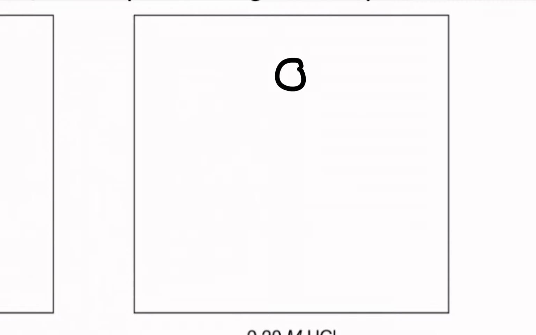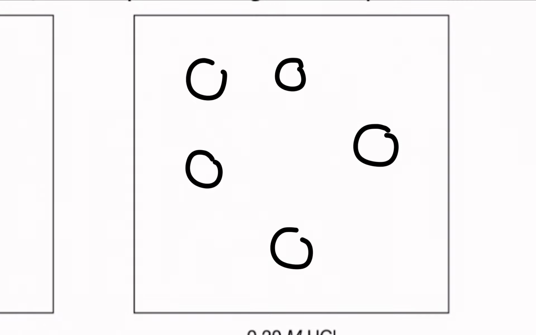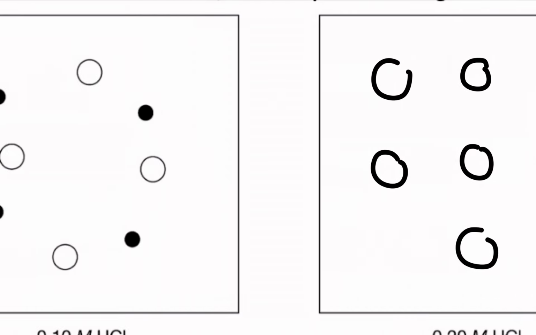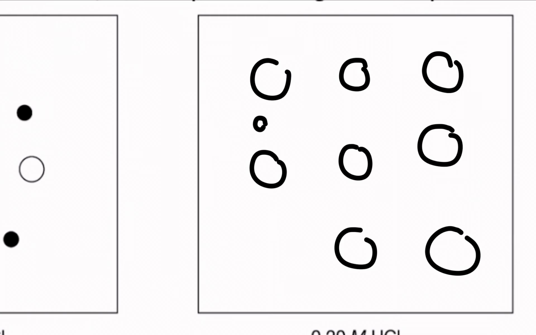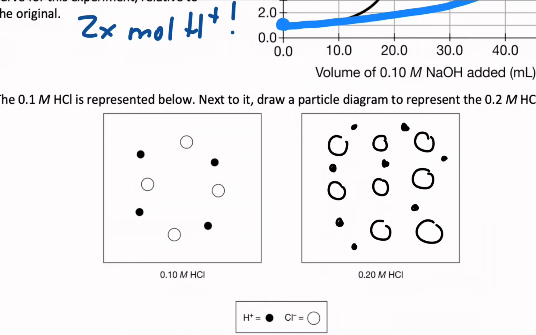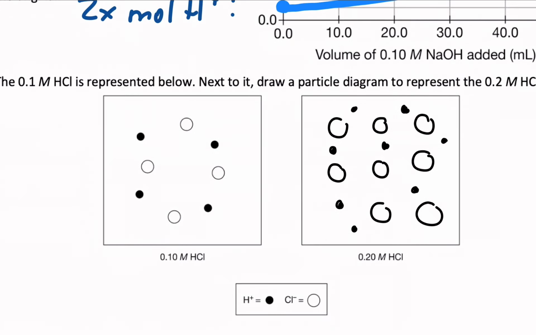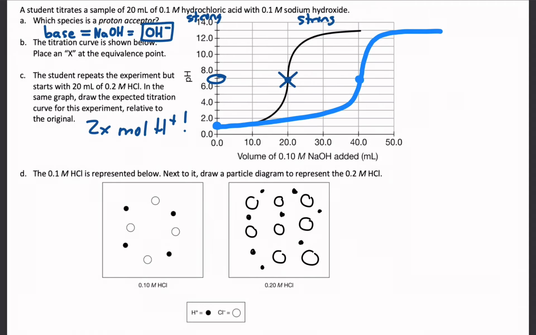So we're going to draw the original 4 chlorides, and let's just add 4 more, sort of sporadically around. I also had 4 original H pluses, and let's add 4 more. 1, 2, 3, 4, just randomly spaced. They're probably looking for just twice the number in the same volume because it's twice as concentrated.